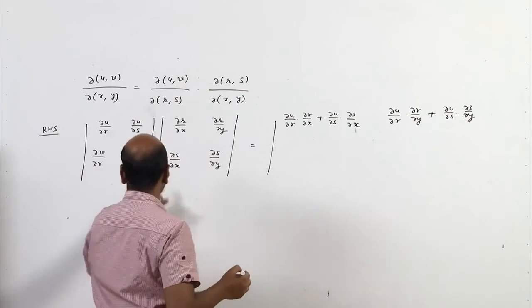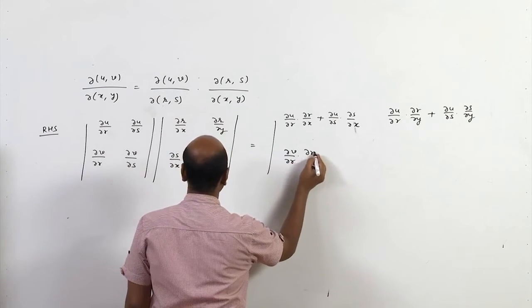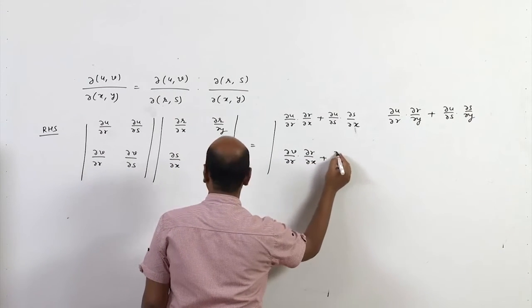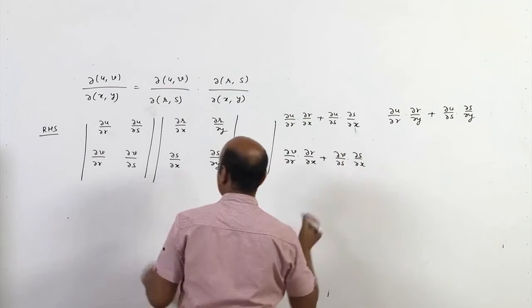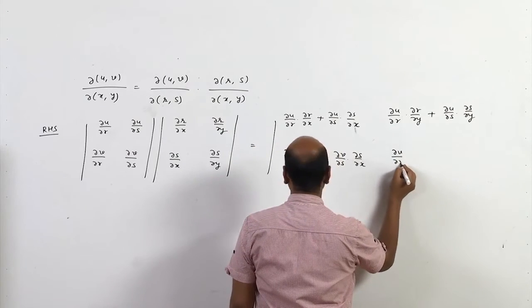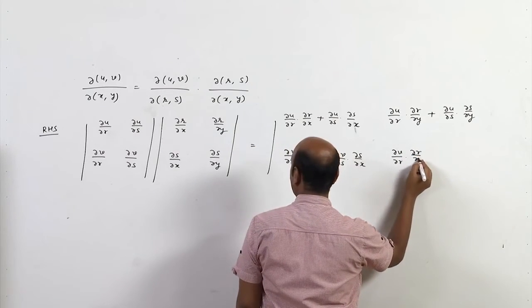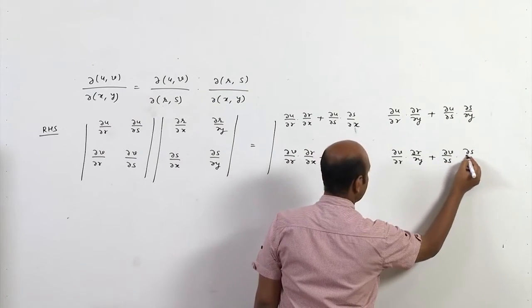Now, this row, this column, which is del v by del r into del r by del x plus del v by del s into del s by del x. Then the last one, that is del v by del r into del r by del y plus del v by del s into del s by del y.